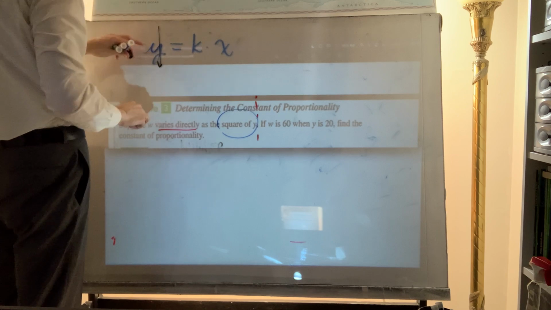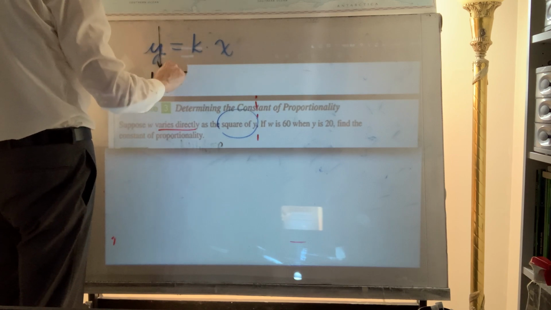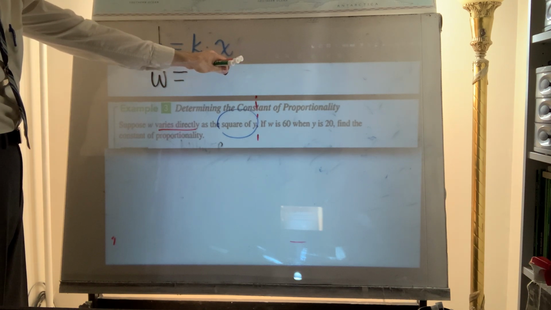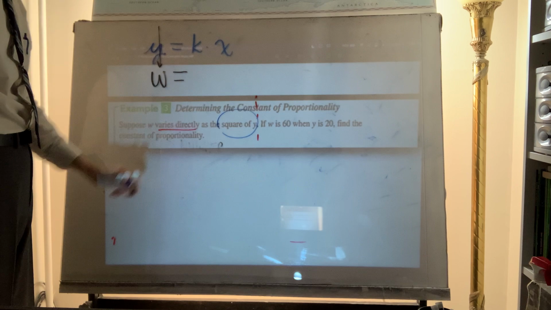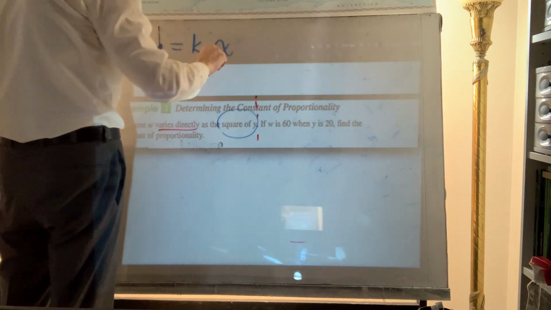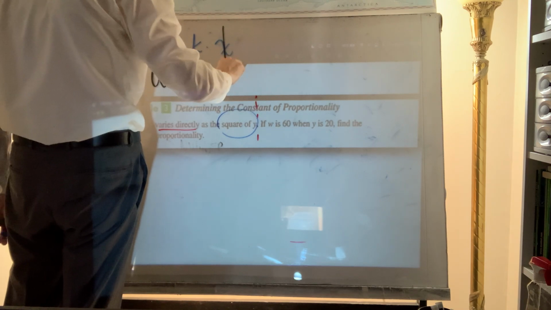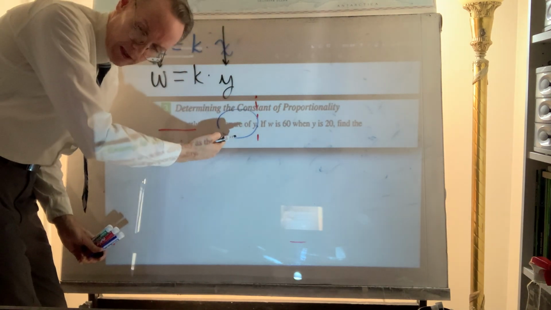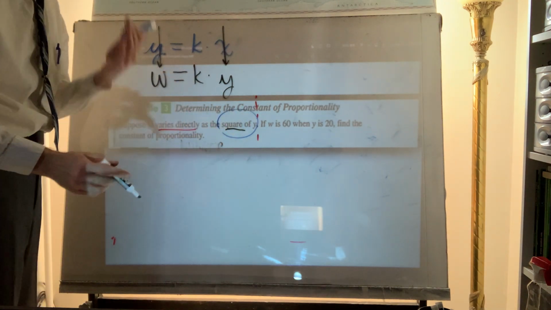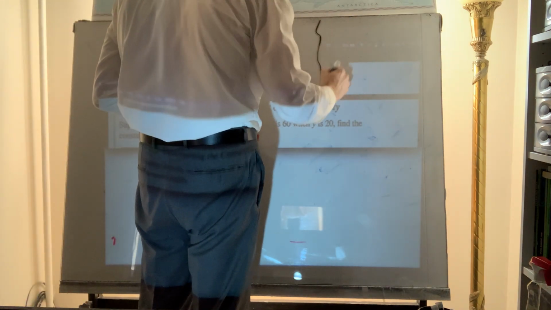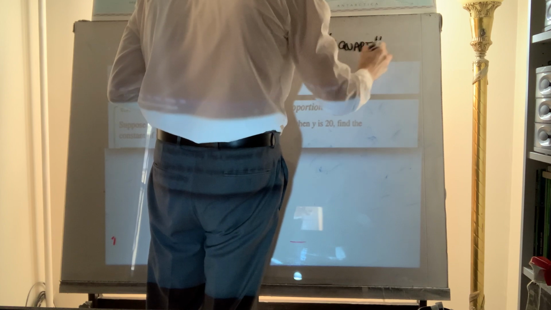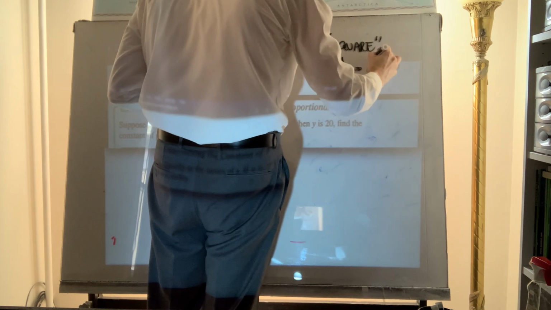So in place of Y, we're actually using W in this case. Varies directly equals this model here, as the square of Y. We're going to leave the proportionality constant, but we're going to change X to Y because that's what's mentioned in this particular problem. And then we're going to remember that they say square. Square is one of those things that implies something is raised to an exponent of 2.